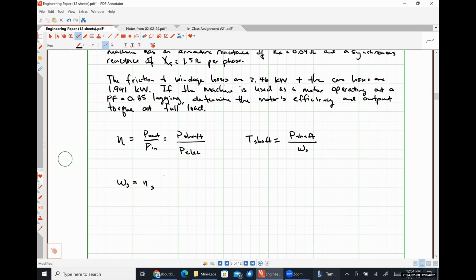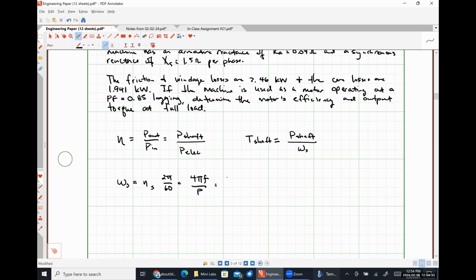NS times 2 pi over 60, just like in the last example problem, which once again is going to reduce down to 4 pi f over the number of poles. Skipping the intermediate conversions because we literally just used them in the last problem, right?